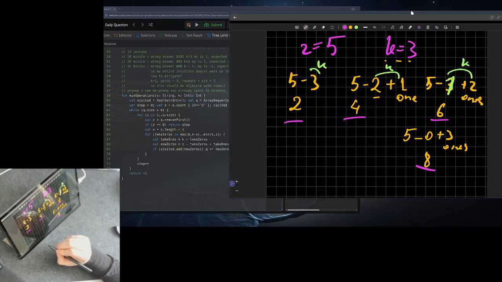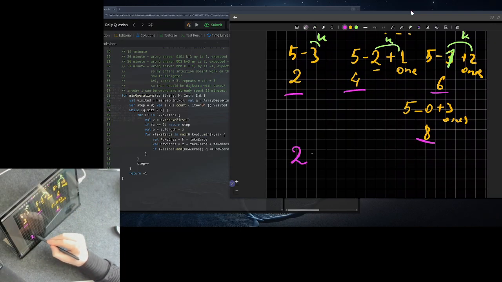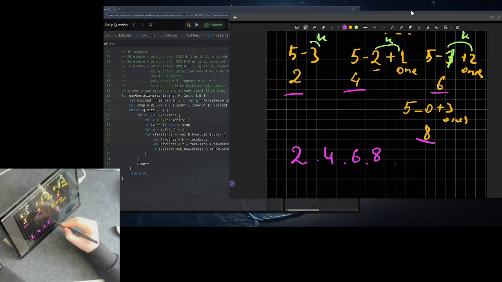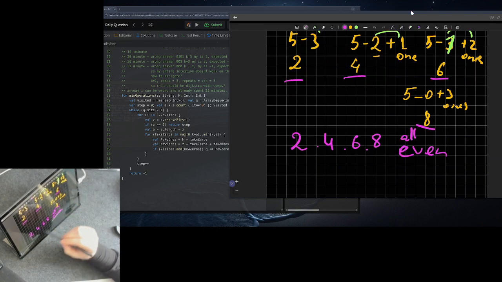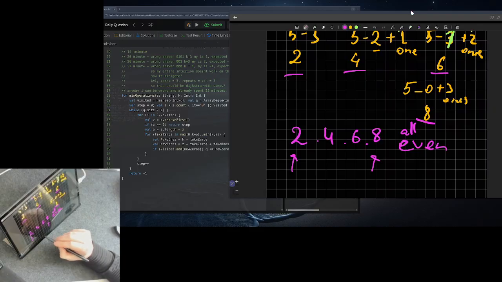What does it mean? So it's some kind of sequence: 2, 4, 6, 8. It's all odd or even numbers? All even numbers. And it's the finite sequence, exactly from 2 and exactly to the 8.